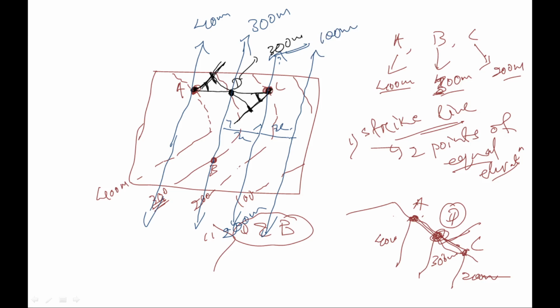You can take a perpendicular distance, x is the same here. This distance x you can take as the perpendicular distance, and you get a line which is a parallel strike line, with values 100 meter, 400, 300. So now you have found four strike lines of these values, then you can plot the outcrop.